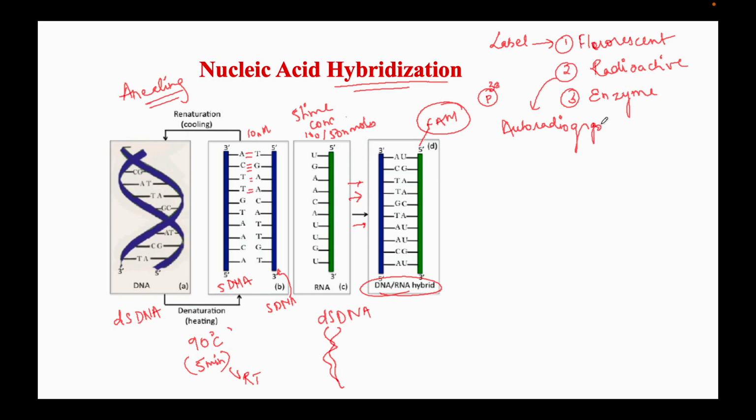Autoradiography means the DNA will radiate in the presence of radiation, and this process is known as autoradiography. And then there is an enzyme. So instead of FAM, there could be an enzyme bound to it, and when we add a chromogenic substrate, we could get a color.